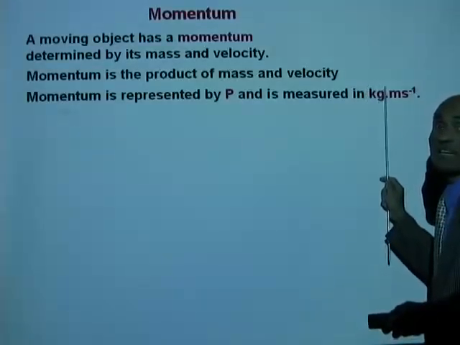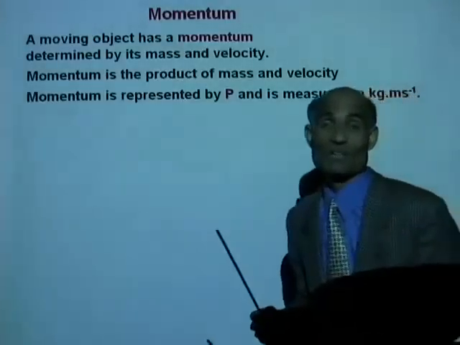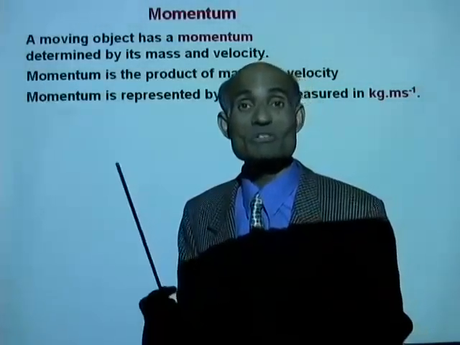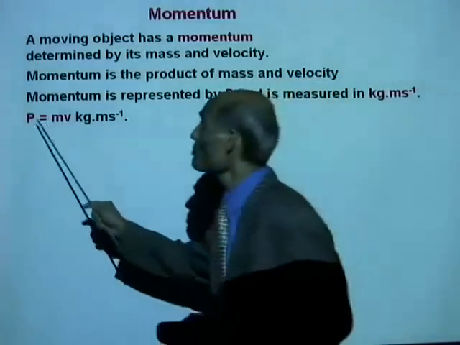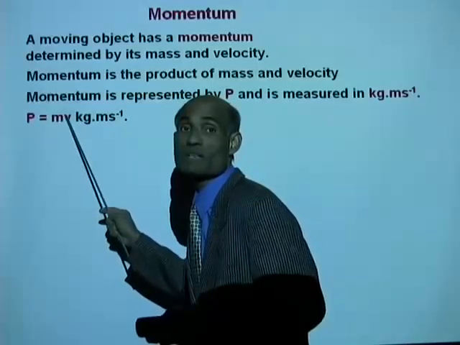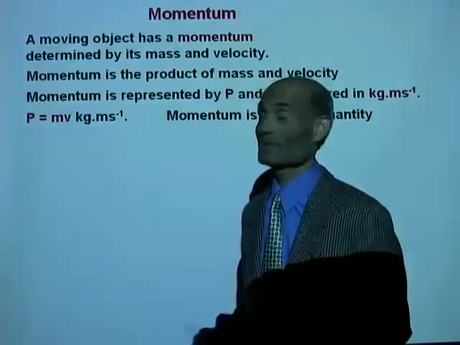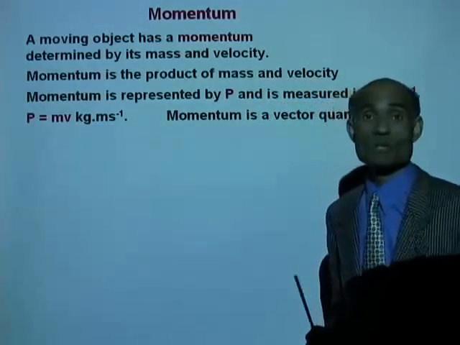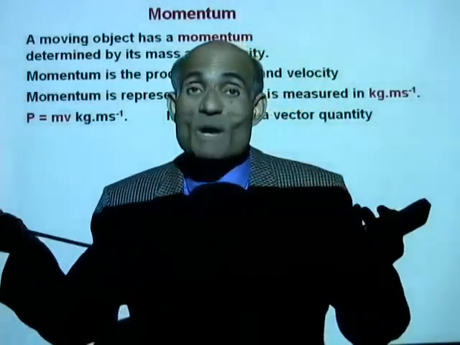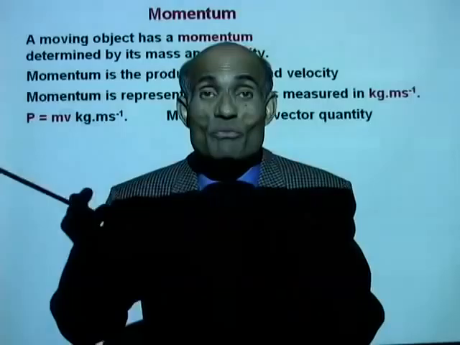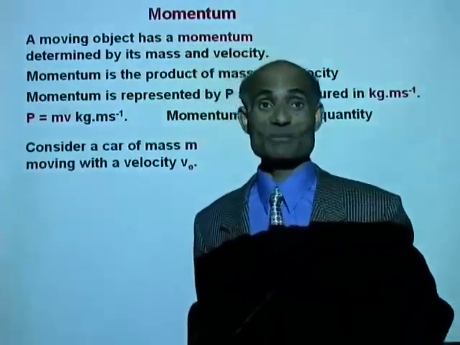Mass is measured in kilogram, velocity is measured in meter per second, therefore momentum will be measured in kilogram meter per second. So P equals m times v, kilogram meter per second. And we talked about this. Momentum is a vector quantity. That means when you want to add momenta of different objects, we use the rules for vector addition.